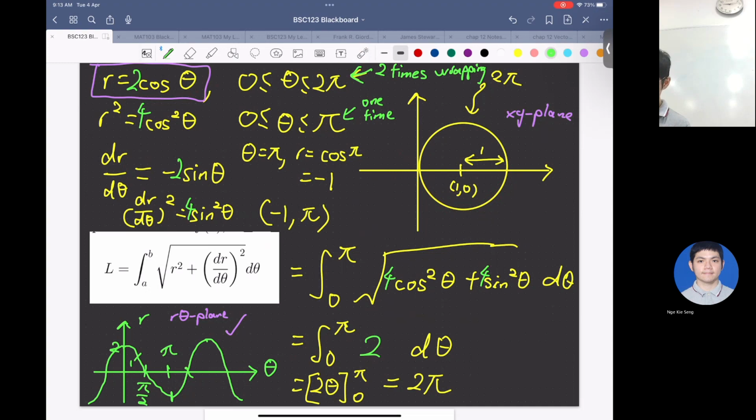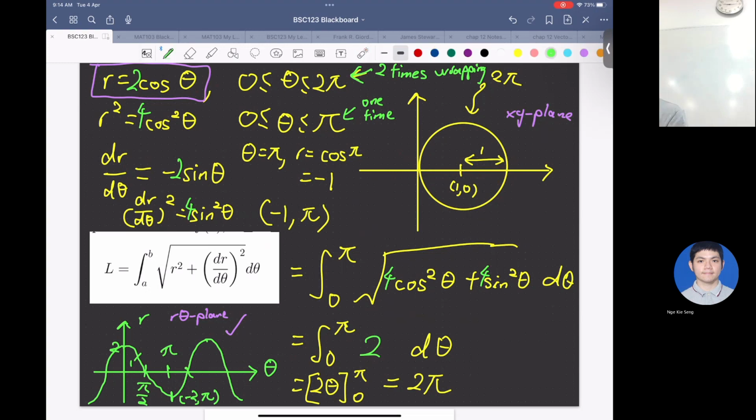Just now we discussed this point here. Sorry, this is 2, sorry, this is minus 2. Minus 2 pi. So minus 2 pi will jump to here.